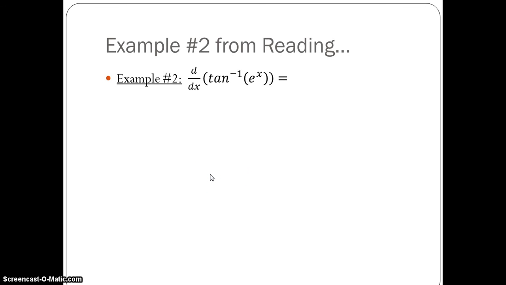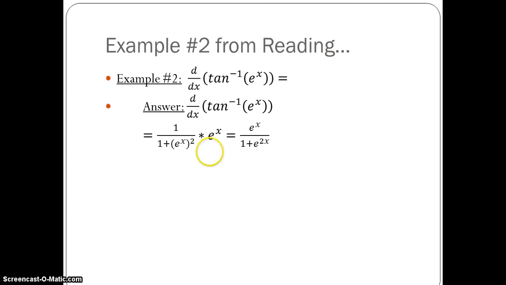Example 2, let's say we want to find the derivative of arctangent of e to the x. Hey, look at that. We've got another inside function. It's that e to the x. So we go to our formula. Derivative of arctangent of something is 1 over 1 plus that something squared. In this case, the inside function is e to the x, so our formula then becomes 1 over 1 plus e to the x squared.